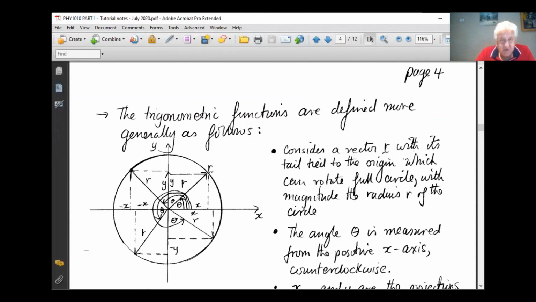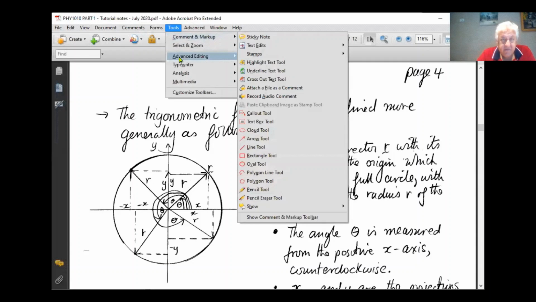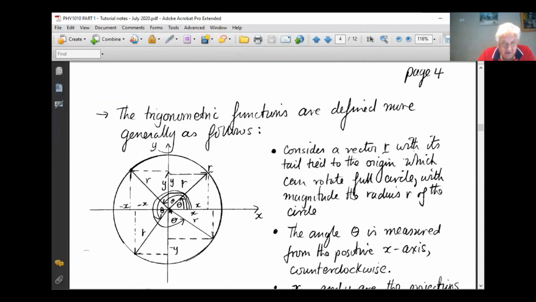Now there's a more general definition of sine, cosine, and tangent, in terms of a vector that's tied to the origin and can rotate full circle. So consider a vector R with its tail tied to the origin, which can rotate full circle, with magnitude the radius r of the circle.